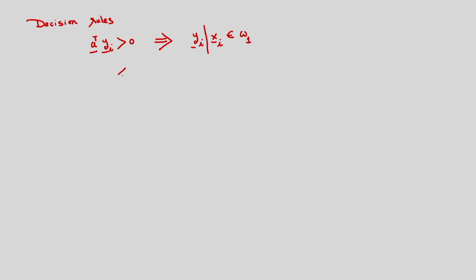And if A transpose yi is less than 0, where yi is the modified feature vector and xi is the original corresponding feature vector, then xi will be assigned to the class omega 2.